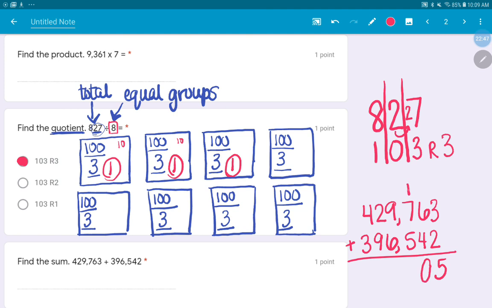Regroup my 1. 1 plus 7 plus 5 is, I'm going to write down the 3. Regroup the 1. 1 plus 9 makes 10. Plus 6 more is 16. So I'm going to carry the 1. I see I have a 1 and a 9, so that makes the 10. Plus 2 more is 12. I'm going to regroup the 1. 1 plus 4 is 5, plus 3 is 8. So the sum is 826,305.